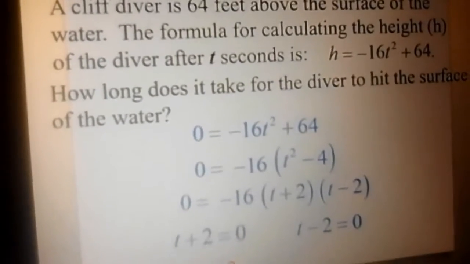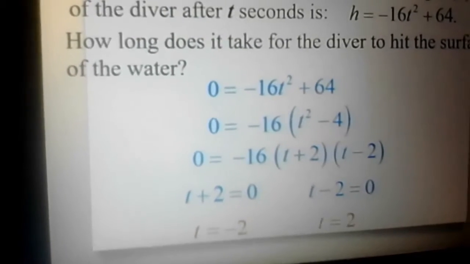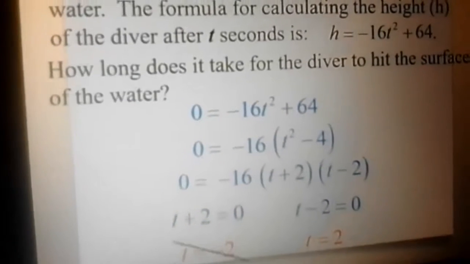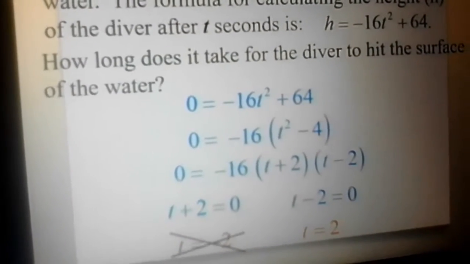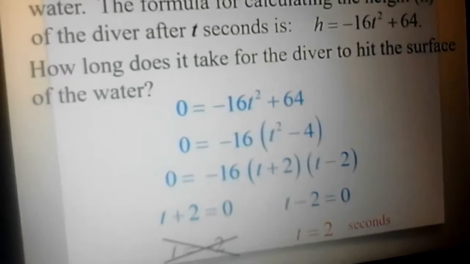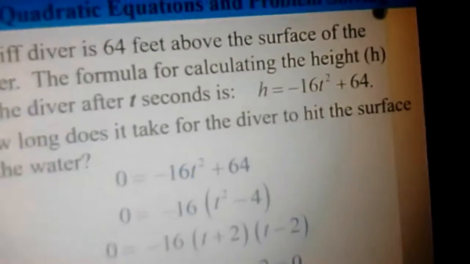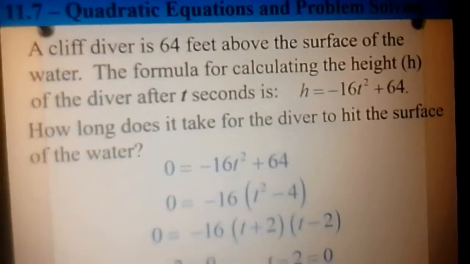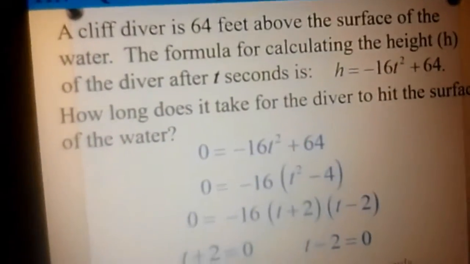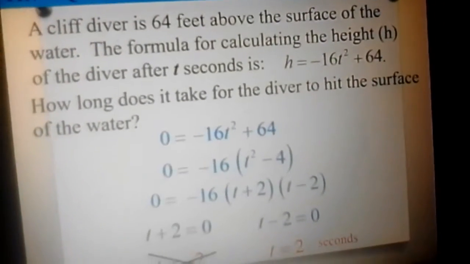So, the value for the first one is t equals negative 2, and the other one is t equals 2. But here, we don't consider negative values since it is talking about time. So, we have the answer: our time is equal to 2 seconds. At height equal to 0, we reach the surface of the water when our time is equal to 2 seconds.